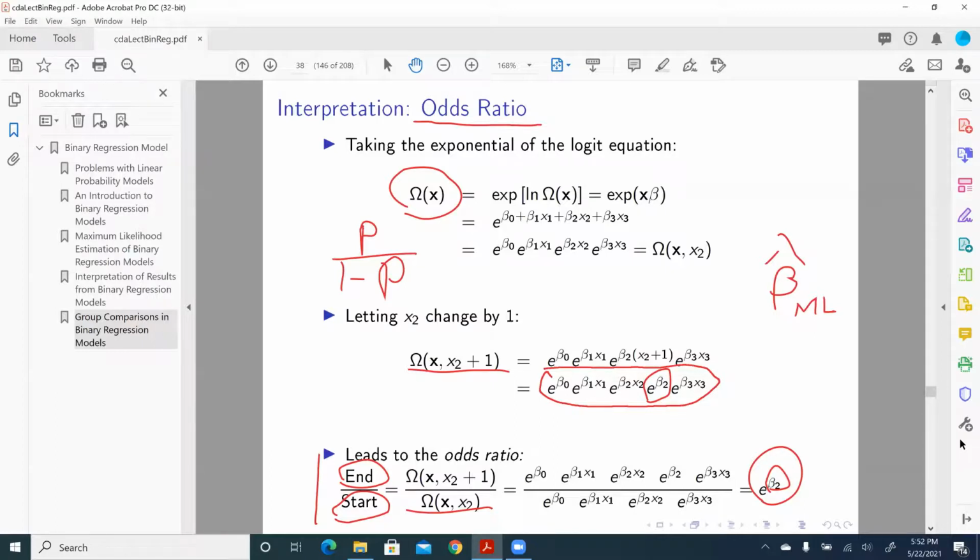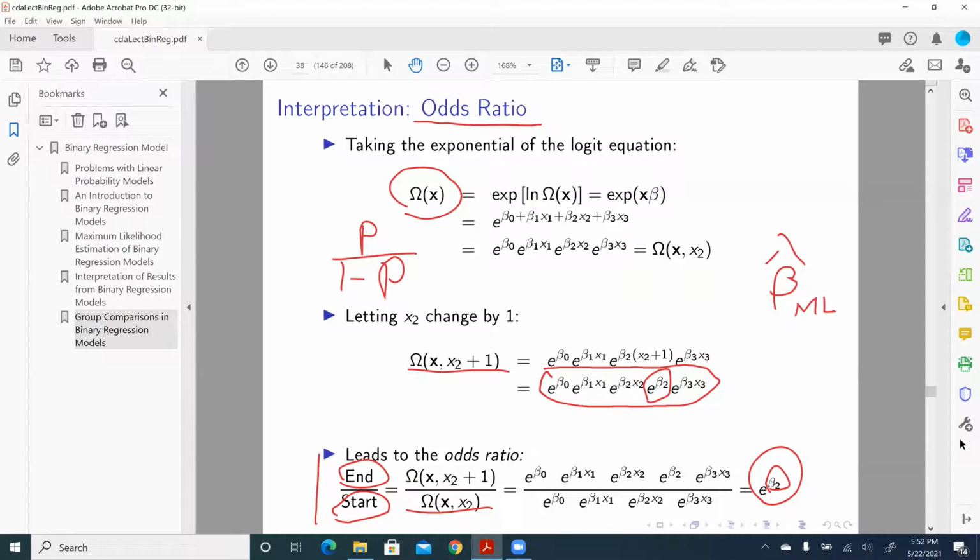So let me repeat. For each unit increase in x2, we would expect the odds of y equal to 1. Here we don't know what y equal to 1 stands for. In empirical examples, you're going to clearly state what y equal to 1 stands for.